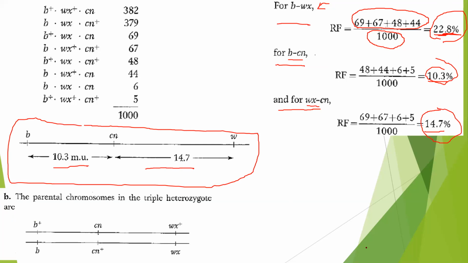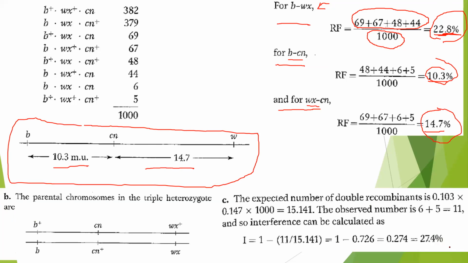If I ask you whether in this chromosomal region the crossing overs are independent or not, which means you need to calculate the interference coefficient based on these numbers. That's also easy.